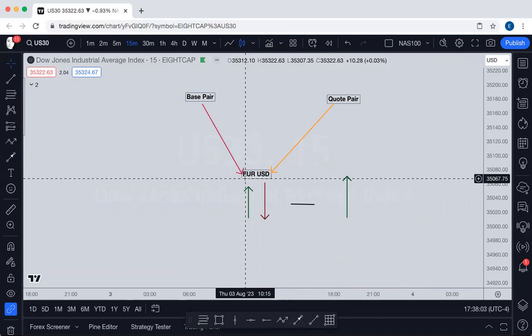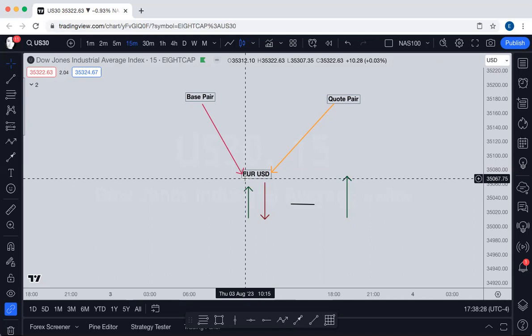So let's say the news for euro is good and the news for USD is bad. Because we're solely comparing the euro to USD, you're focusing on the euro in comparison to USD, euro is stronger, right? It had good news. You're going to be buying that pair.